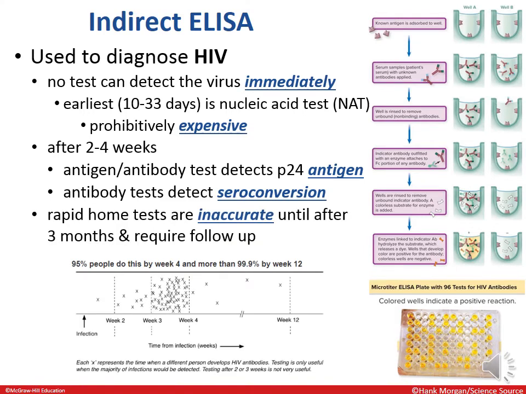And so everybody's body produces antibodies at different rates. And so you can see here why the time course is so important. So people that order home tests online, it's unfortunate if that's the only test they do, and if they do it too early, they're going to have a false negative because those tests are looking for the presence of antibodies. And look at the time course here, right? So it takes at least 2 weeks before your body can start making antibodies.